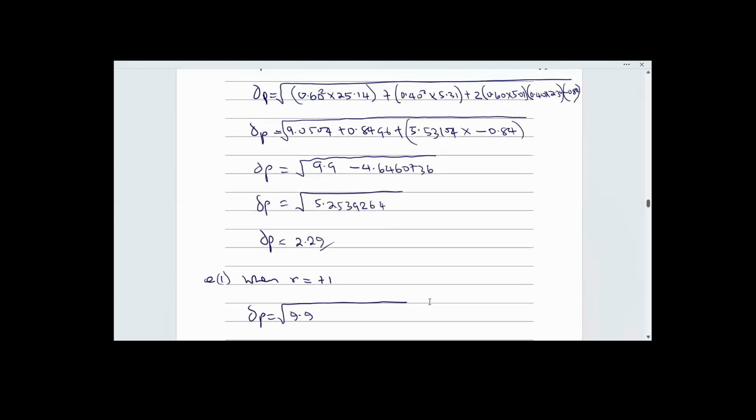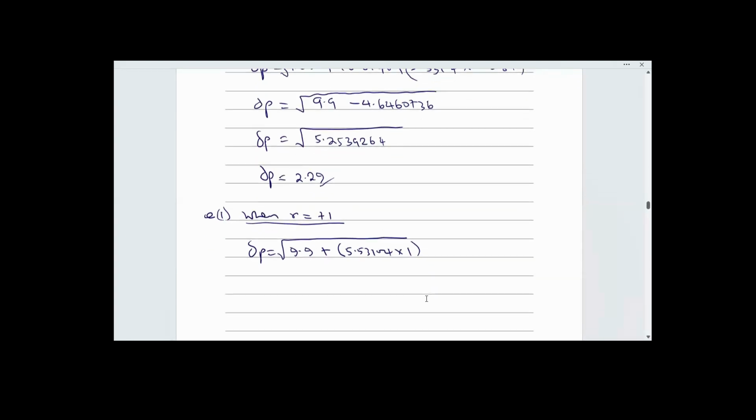Only the part where you have the correlation coefficient will change, so it is that minus 0.84 that will be changing. If R is equal to +1, then I would say plus, open a bracket, 5.53104 multiplied by 1, because my R is now 1.